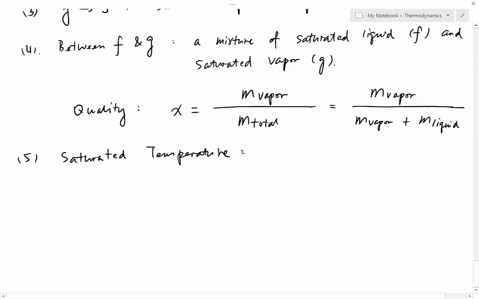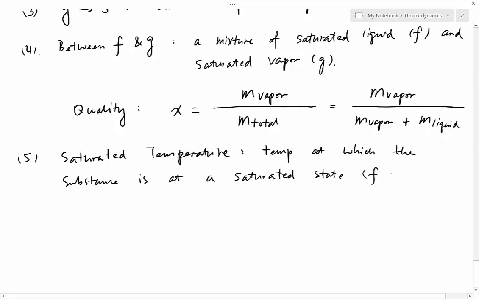The temperature at which the substance is at a saturated state. For example, F or G.